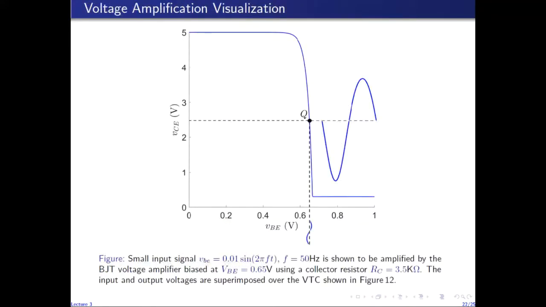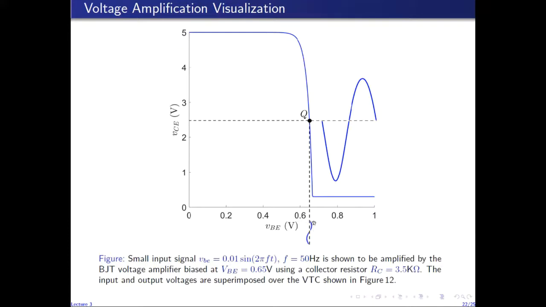So here I graphically show the voltage gain of the amplifier. I bias the transistor at 0.65 volts, so the overall input voltage is given by 0.65 plus this AC signal. This AC signal is the signal that we intend to amplify. It has a frequency of 50 hertz and a peak amplitude of 10 millivolts.